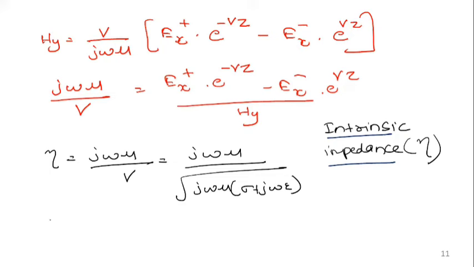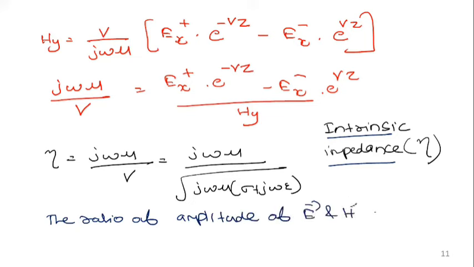We need to define it. Intrinsic impedance is the ratio of amplitude of E and H of the waves, so electric and magnetic field of the waves in either direction, positive or negative direction.